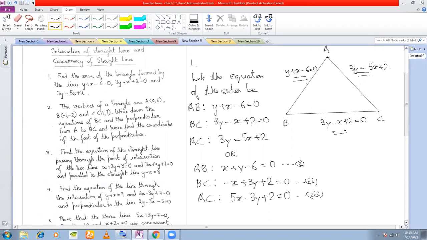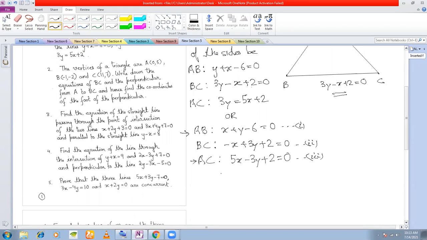Now how to get the point A? If you see, point A is the intersection of this line and this line, that is AB and AC. If we solve 1 and 3, you will get A, right? So let us solve 1 and 3 first. You know how to solve simultaneous equations, I don't need to show you.